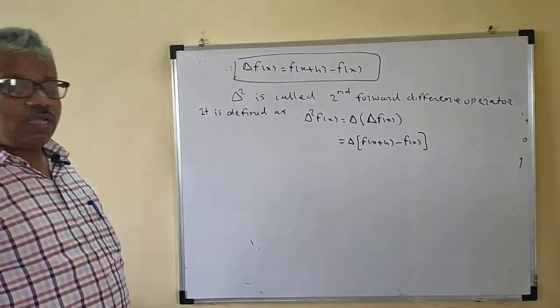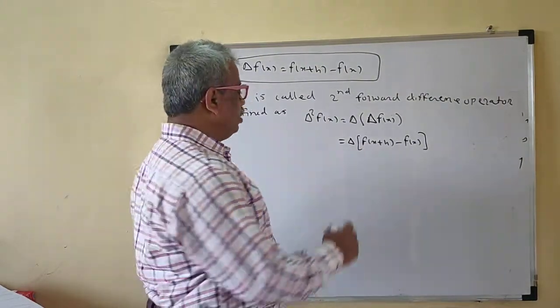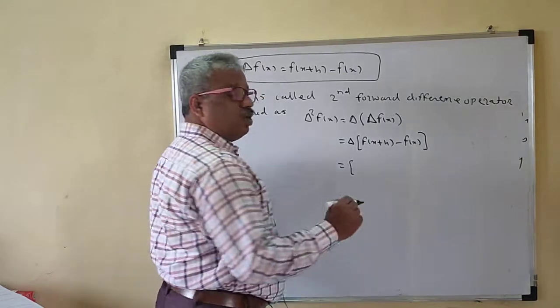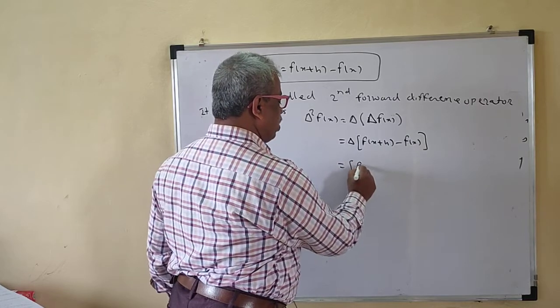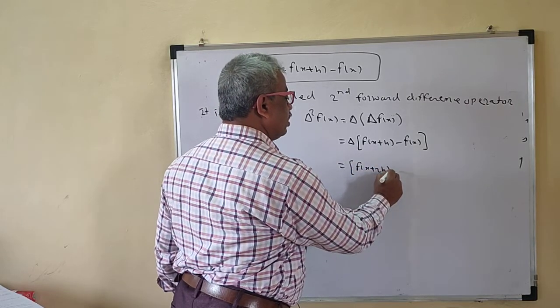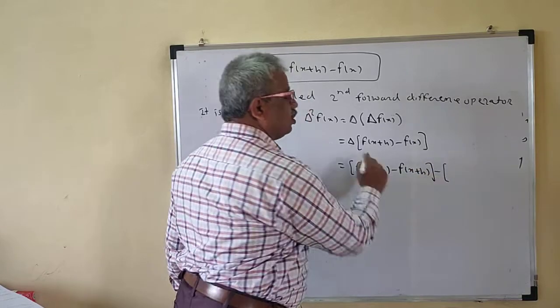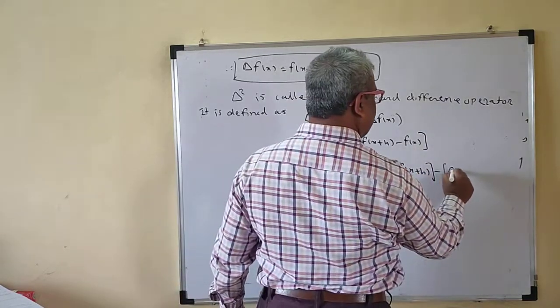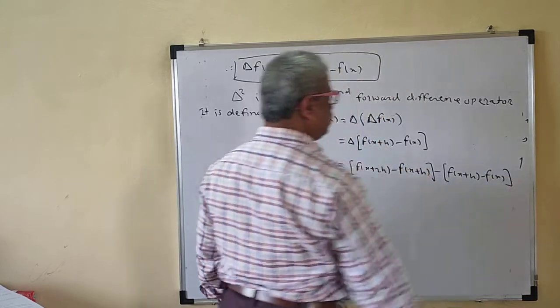Again you have to operate the forward difference. In the first term you have to replace x by x plus h. This will be f of x plus twice h minus f of x plus h, then minus the second term as it is, f of x plus h minus f of x.